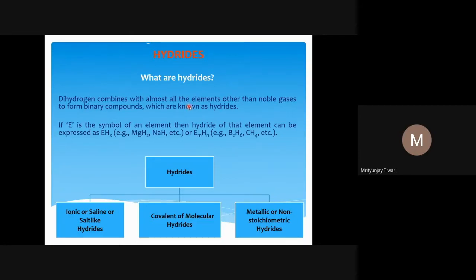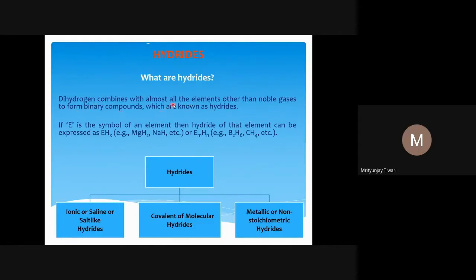However, we not only consider H minus ions as hydrides, just as we see S2 minus sulfide, N3 minus nitride, O2 minus oxide, superoxide, peroxide. The way these names go, this is what we believed earlier. So H minus hydride meant H minus ions. Nowadays, this definition has changed.